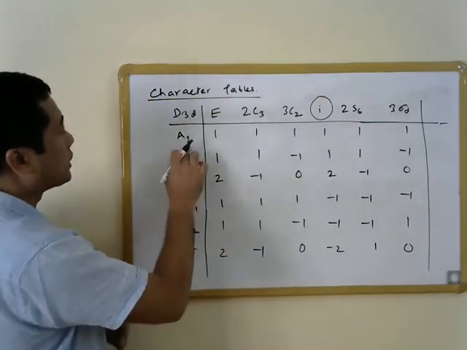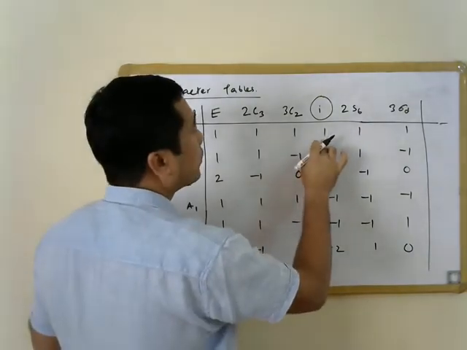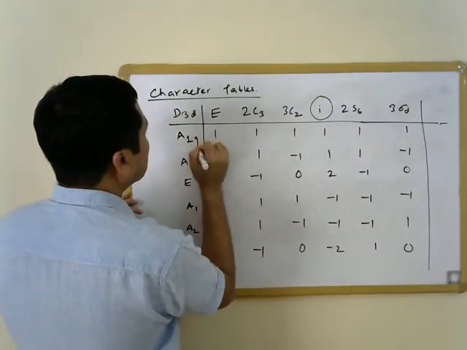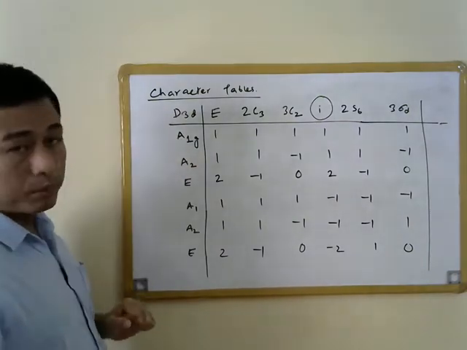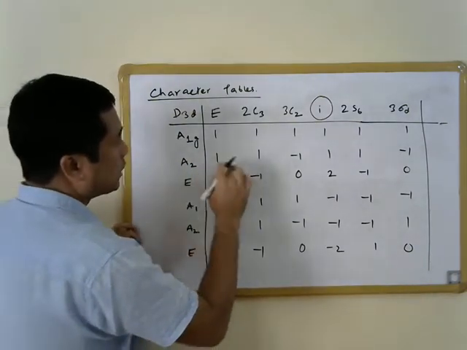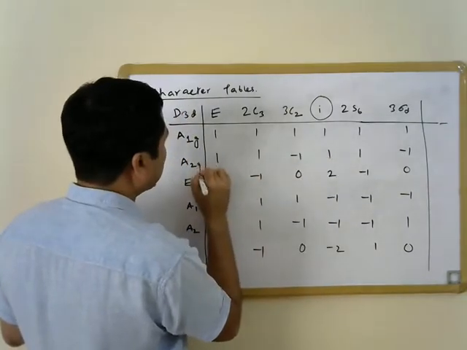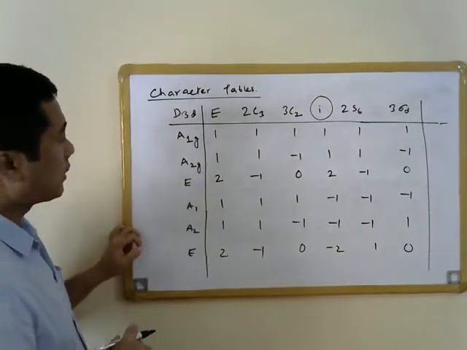So this particular representation we see is symmetric with respect to the inversion center, so we write it as A1g representation, and the second representation is also symmetric, so we write A2g.